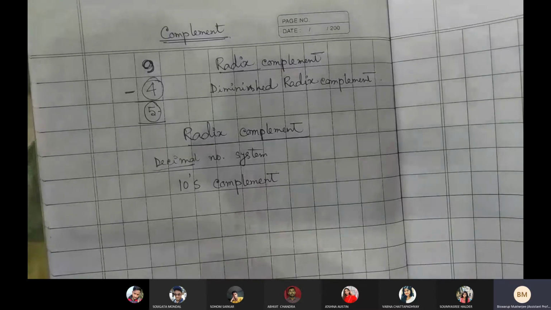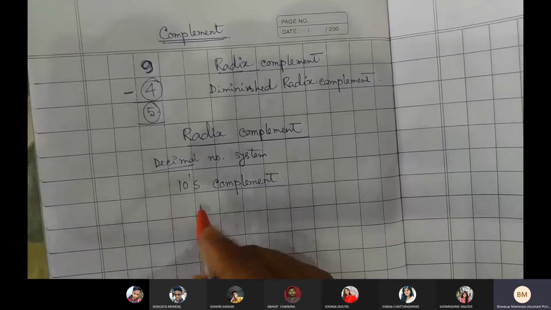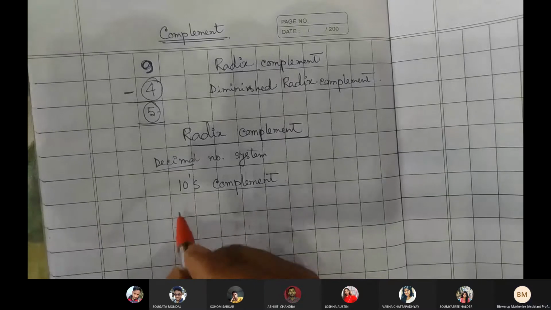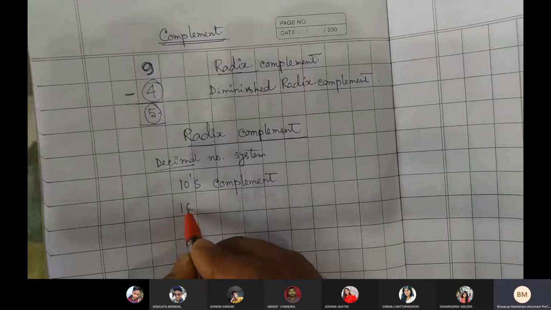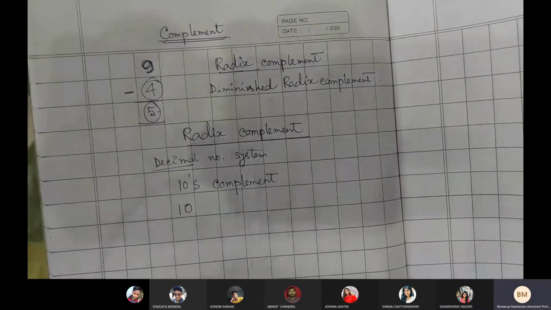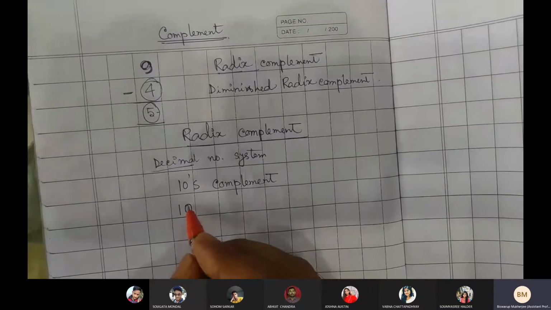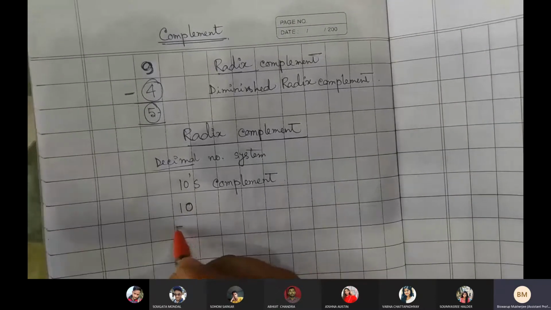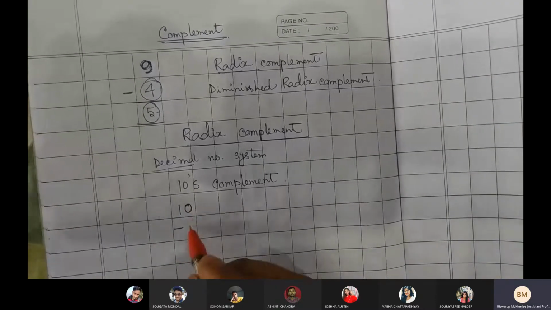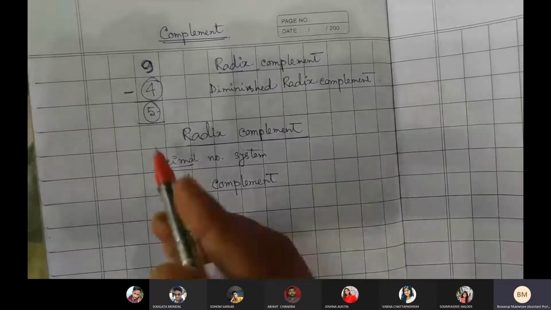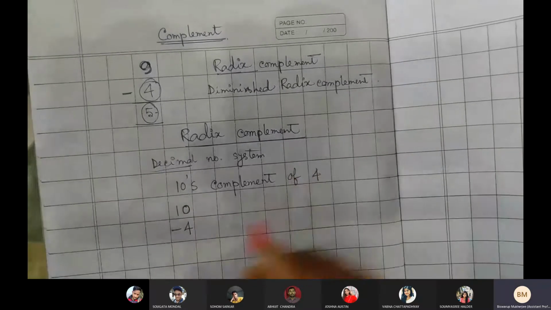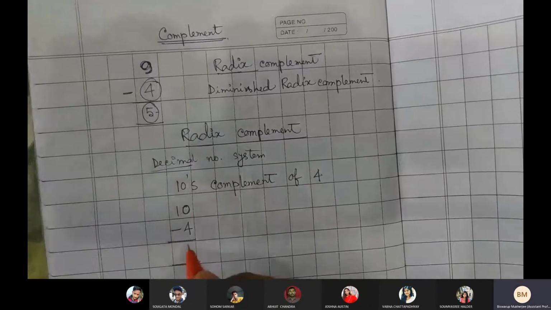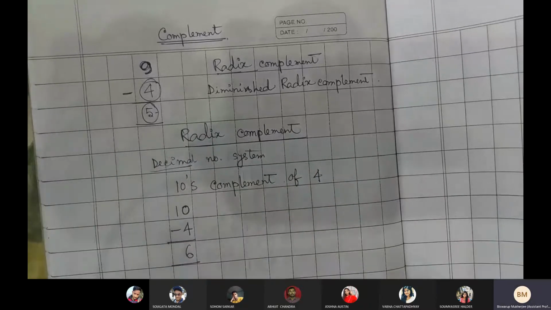Simple. The same 4 I am taking. We have to take the lowest number of the next house, minus the number. So if the number is 4, tens complement of 4 would be equal to 10 minus 4, that is equal to 6.